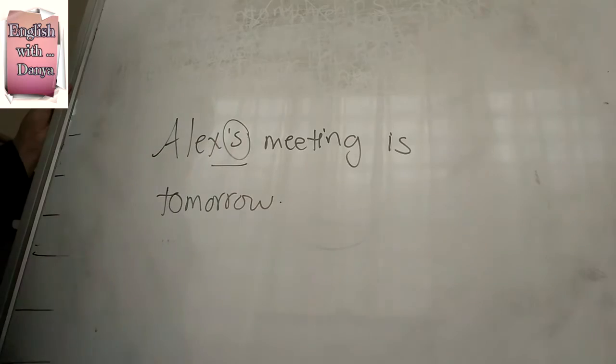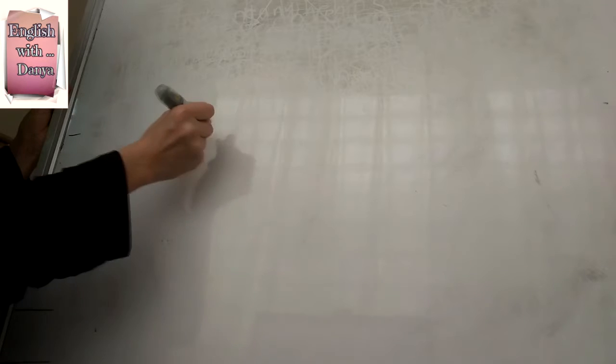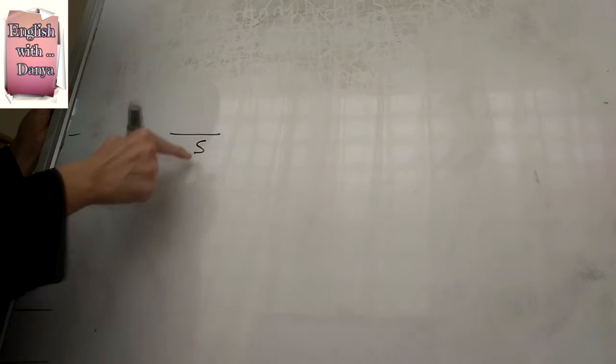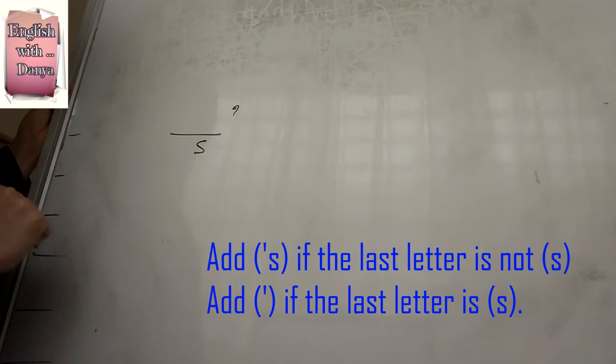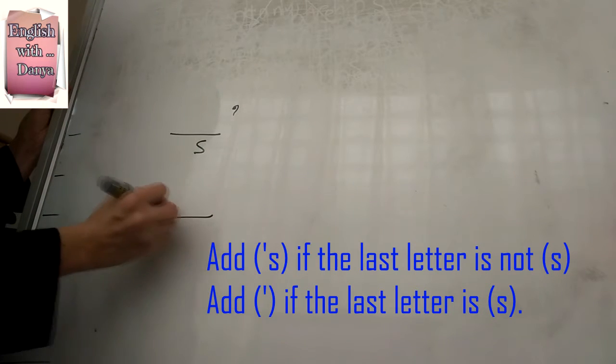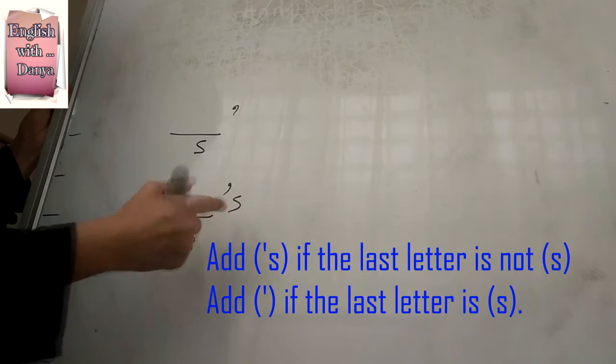So seriously, guys, this lesson is so easy. The only thing that you need to remember is looking at the last letter. If the last letter is s, then you just use apostrophe. But if the last letter does not have s, then you use apostrophe and s.